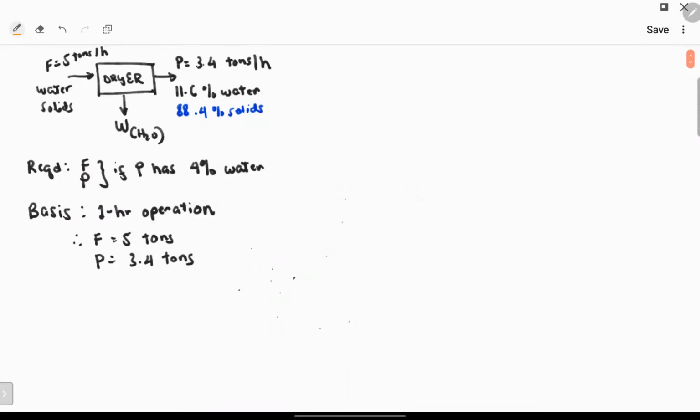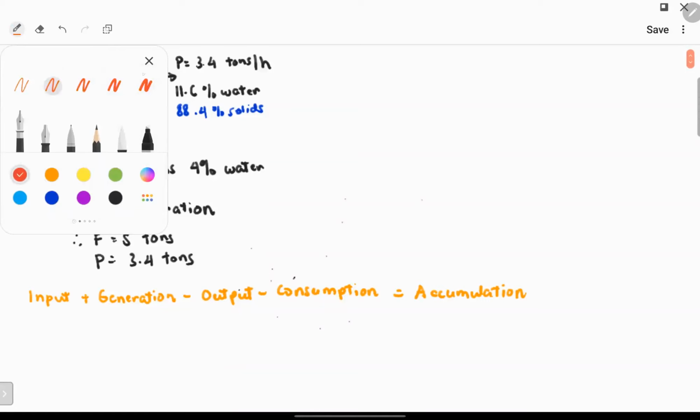We have input, plus generation, minus output, minus consumption, equals accumulation. Right? So this is our general overall material balance. This is the general equation.